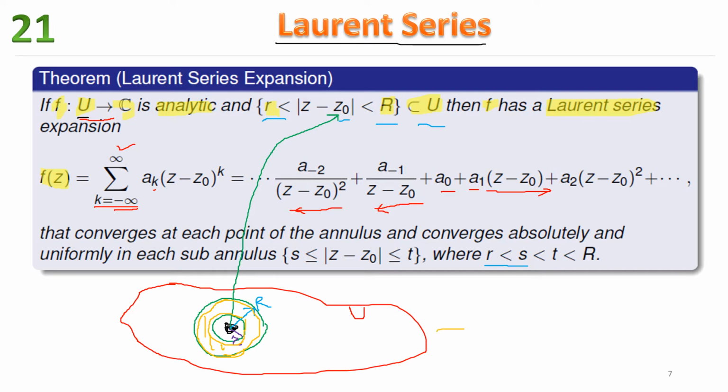Annulus means when we consider the negative real axis, we have a function discontinuity. And if you consider a disk in this situation, you can start from here and you have to terminate below the negative real axis. So the annulus is not complete. That is the meaning.